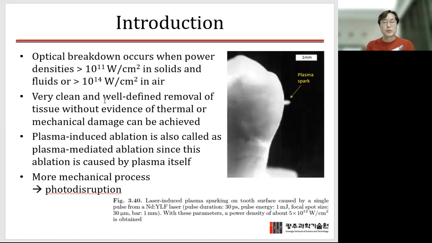By having this, very clean and well-defined removal of tissue without evidence of thermal or mechanical damage can be achieved. So plasma-induced ablation is also called plasma-mediated ablation because this ablation is caused by the plasma itself. And if it is a more mechanical process, then it is called photodisruption.